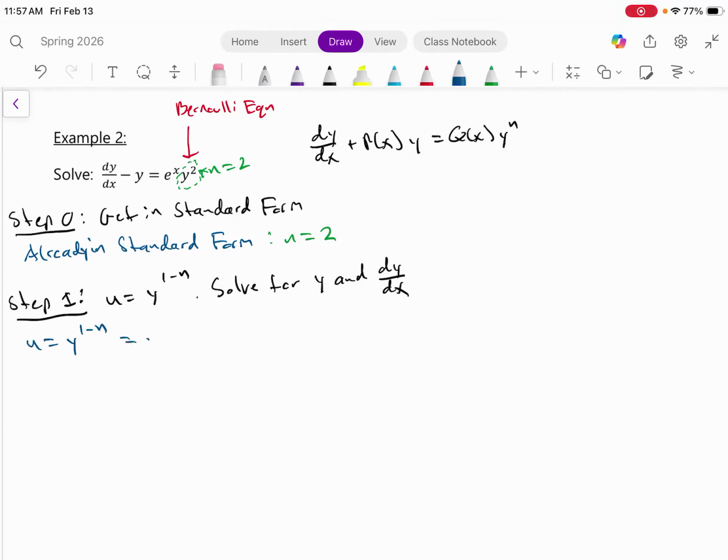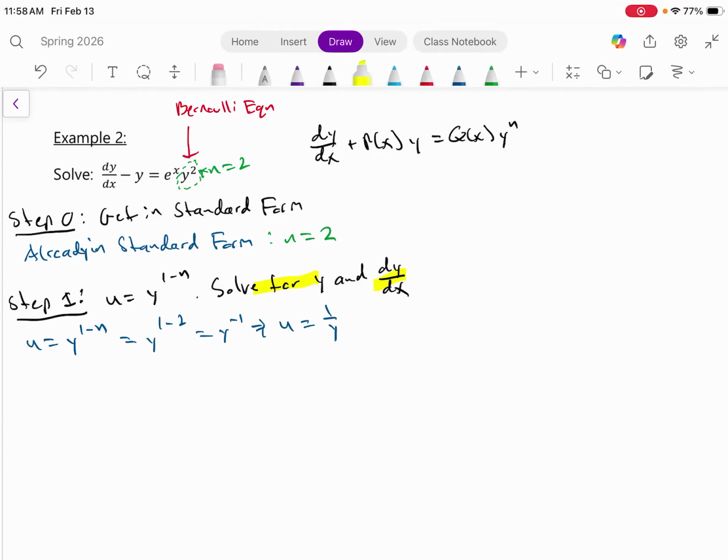We know n equals 2, so y to the 1 minus 2. This would be y to the negative 1, and that would be u equals 1 over y. Okay, so we have our u, but remember we want to solve for y and dy over dx.